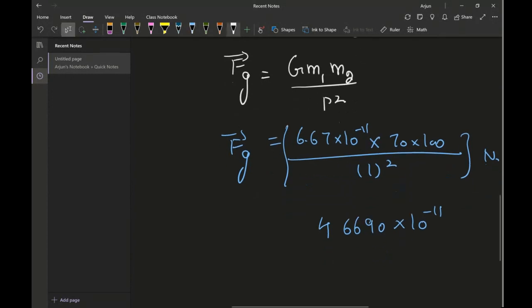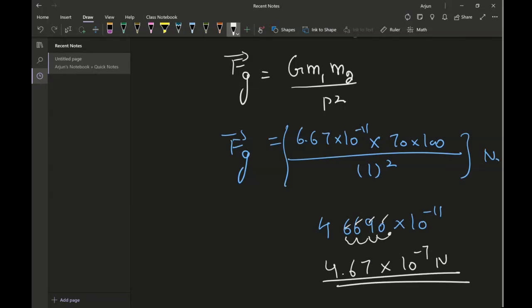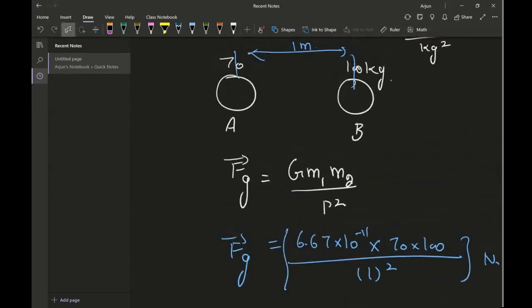Then I can move the decimal place four places, so 4.67 times 10 to the negative 7 newtons. So this is the force of attraction between the two bodies when they are at a distance of 1 meter apart, keeping in mind that body A has a mass of 70 kg and body B has a mass of 100 kg.